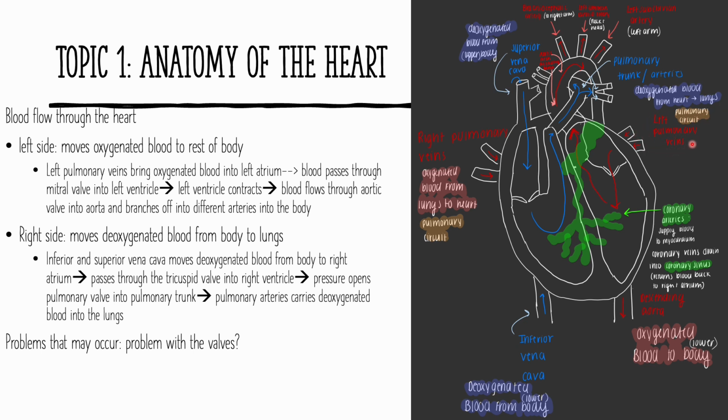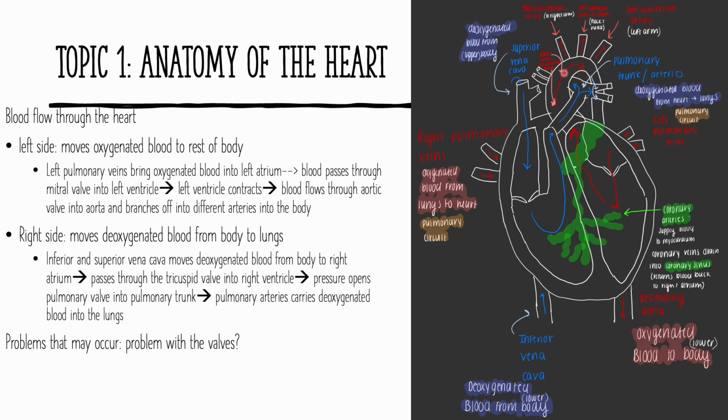And so the oxygenated blood from the lungs will flow into the left atrium, and this pressure will build up, opening the mitral valve, flowing that blood into the ventricle, and that pressure builds up, opening the semilunar aortic valve. And so our oxygenated blood then will travel up the ascending aorta, over the aortic arch here, and then into other arteries that branch off.